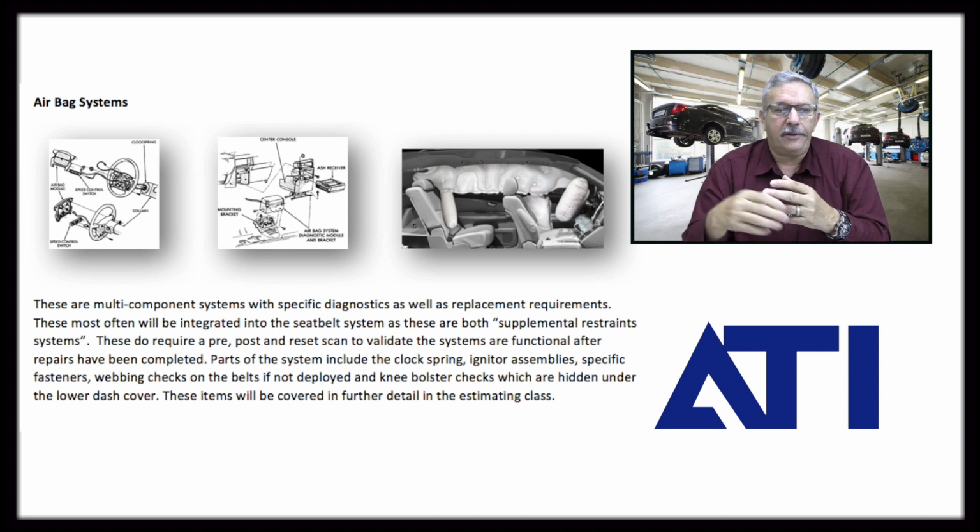Then you have the balance of the assemblies. Things to watch for. Most of these are going to be one-time only fasteners. So we've got to make sure that we're identifying if it's a one-time only fastener. Sometimes we can only use the parts once. With Nissan, they had several cars.